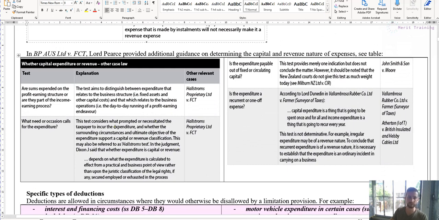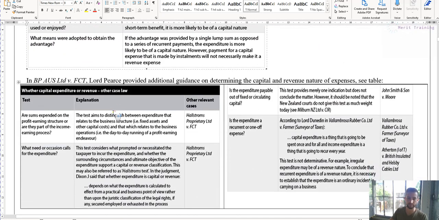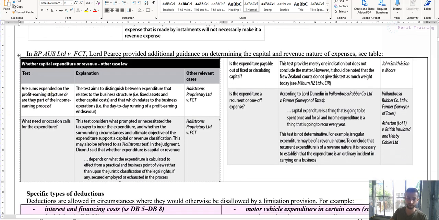There was also some additional guidance in this case, but ultimately this is the primary case, Sun Newspapers. Some of the additional guidance for capital versus revenue is on the expense side, not the revenue side, so this is expenses only, similar but different. Are the sums expended on the profit earning structure, or are they part of the income earning process? If it's to do with the capital structure, then it's going to be capital.